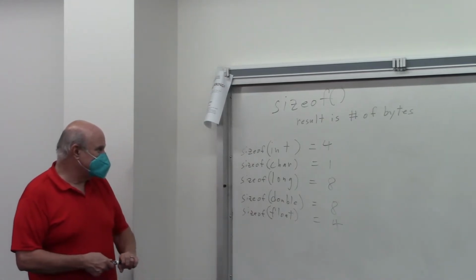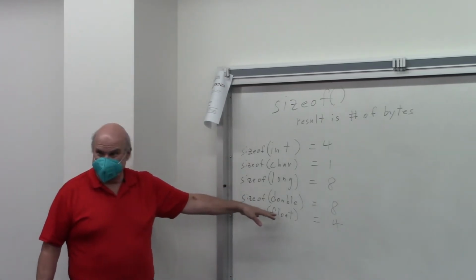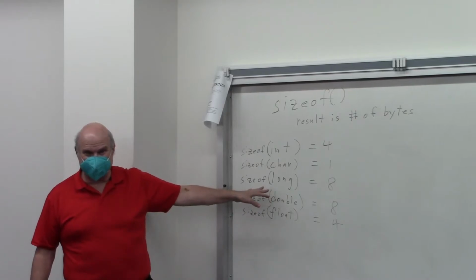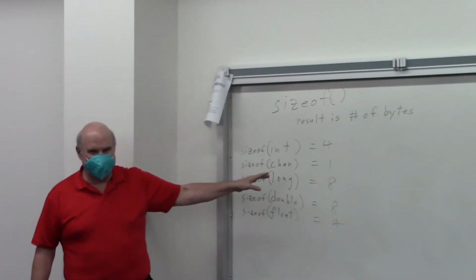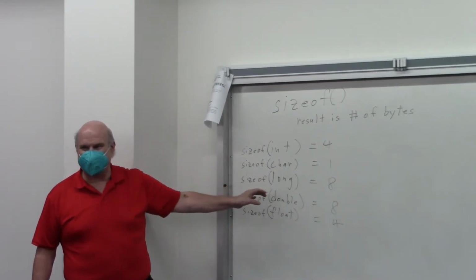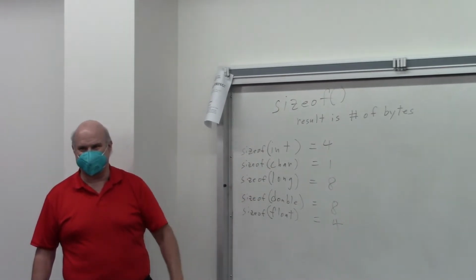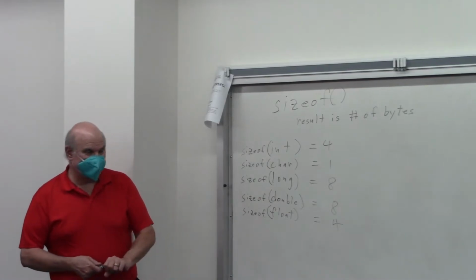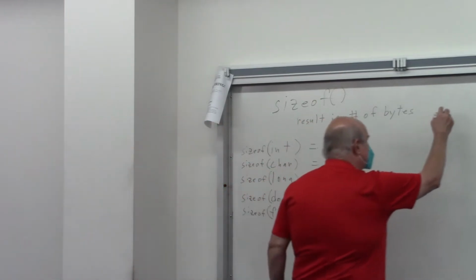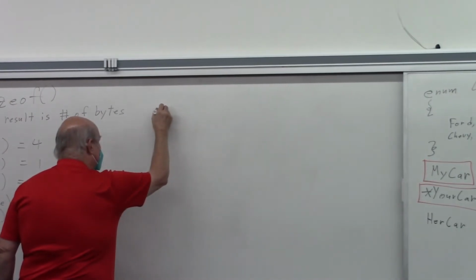Now let's learn about some more things. Any questions about this? It's essentially producing a static number, but it's important even though it's a static number on that computer system. Everybody good so far? Now let's suppose you declare an array.